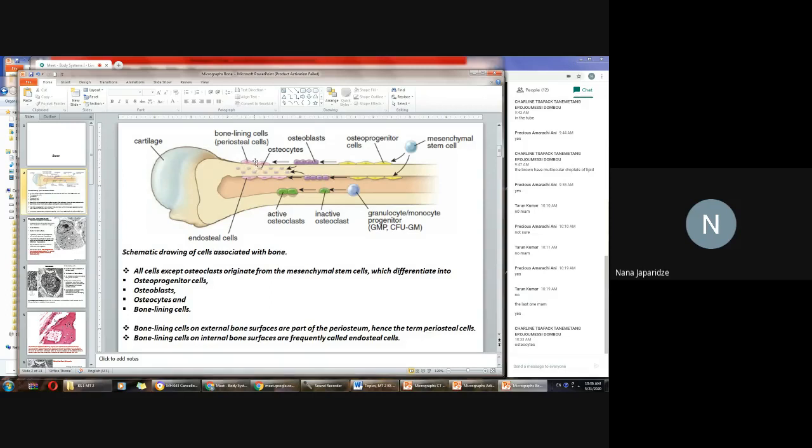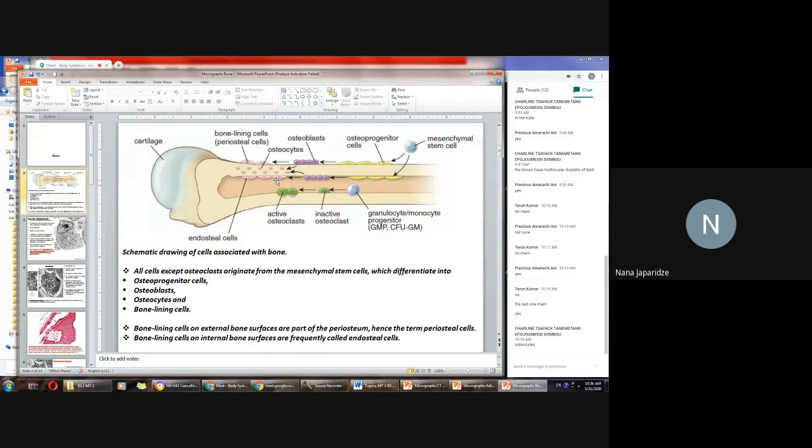Okay, these osteoblasts, which line the inner surfaces, beside the osteocytes, are able to give rise to the endosteal cells. Again, precursor cells for osteocytes, but they are located on the inner surfaces of the bone.